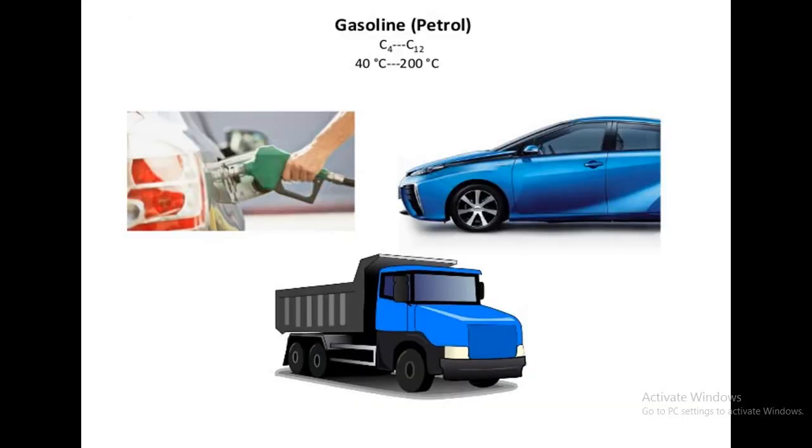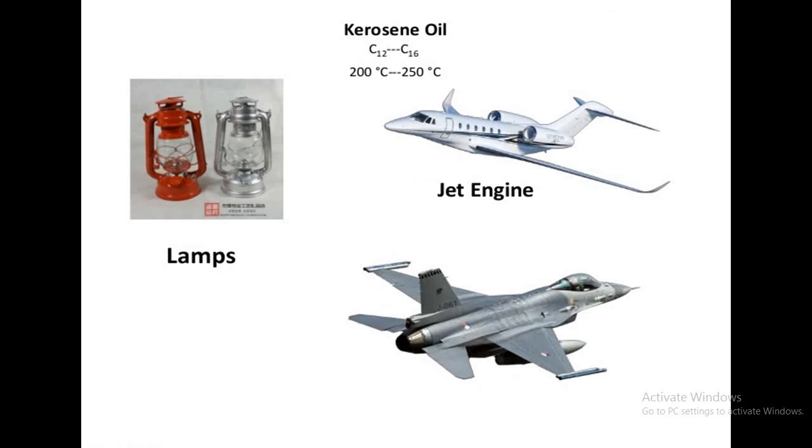So let's move further. We are going to get a better idea. Gasoline, which is petrol, is fuel for motor cars. I have attached these slides so that by looking at the pictures, the image stays in your mind. It's easy for you to remember. Then kerosene oil is used for aircraft engines, cooking using oil stoves and heating.